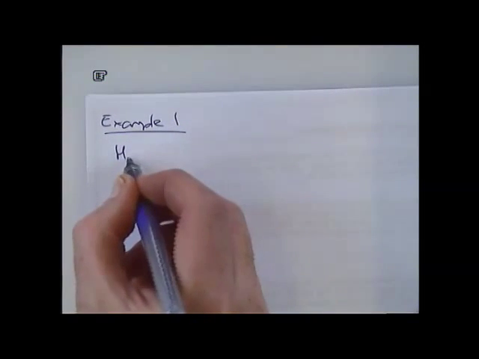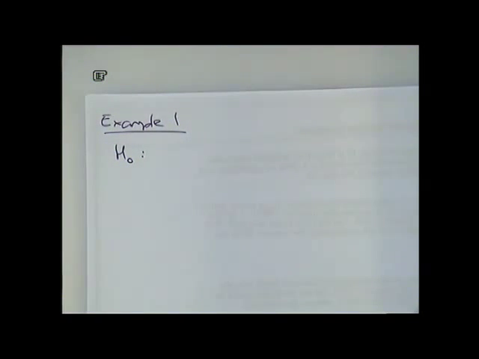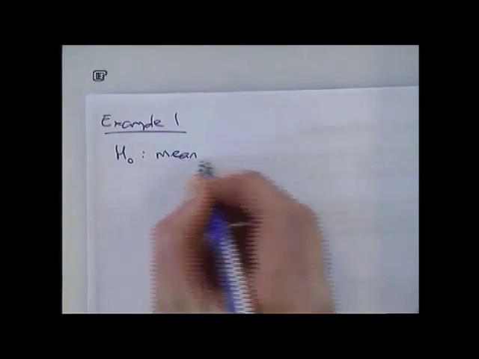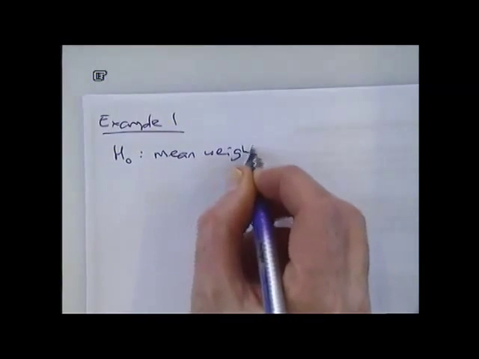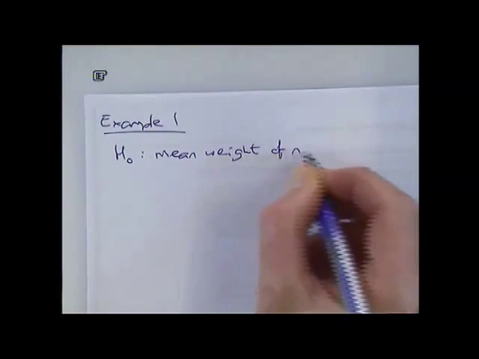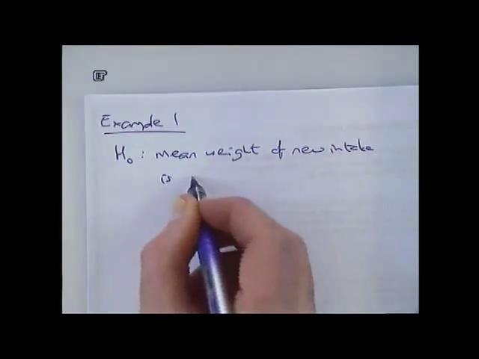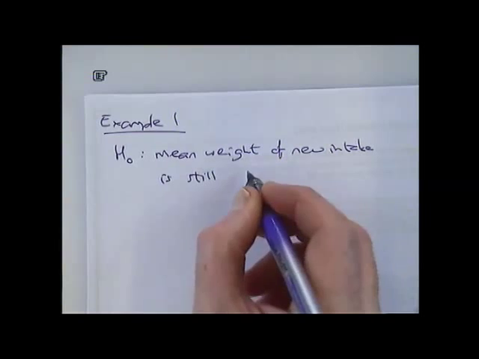We always start our question off with a null hypothesis. The null hypothesis, remember, is no one's guilty, nothing's actually changed, nothing bad going on. So the null hypothesis is that the mean weight of the new intake is still 70 kilograms.